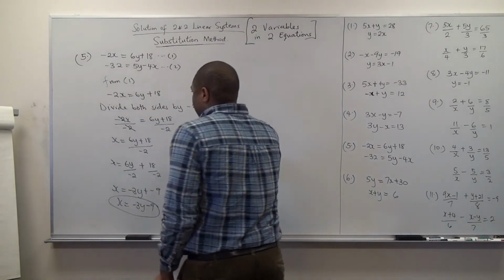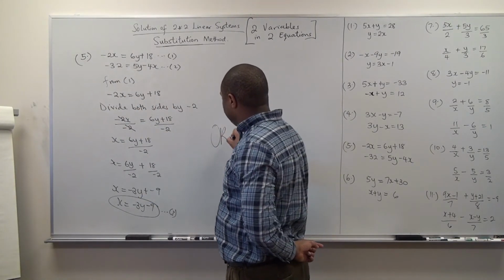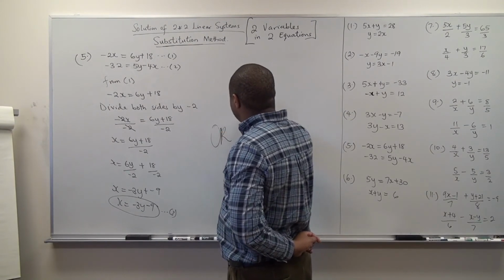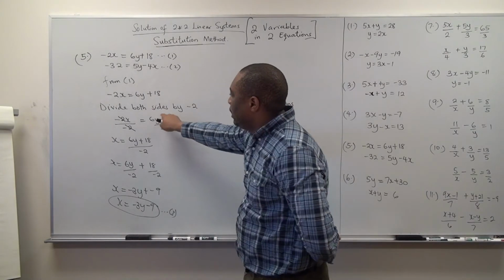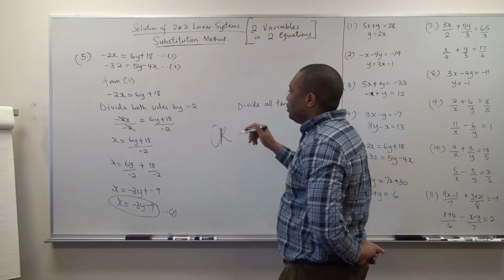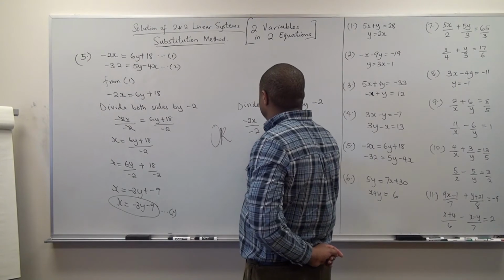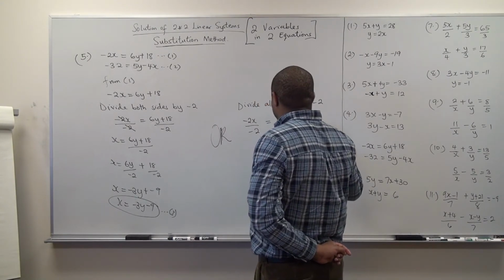Some of you might be confused about this. If you are confused about the way I did it, then try it this way. Divide all terms. Here it is divide both sides; here, divide all terms by -2. So in this case, we have -2x over -2 equal to 6y over -2 plus 18 over -2.